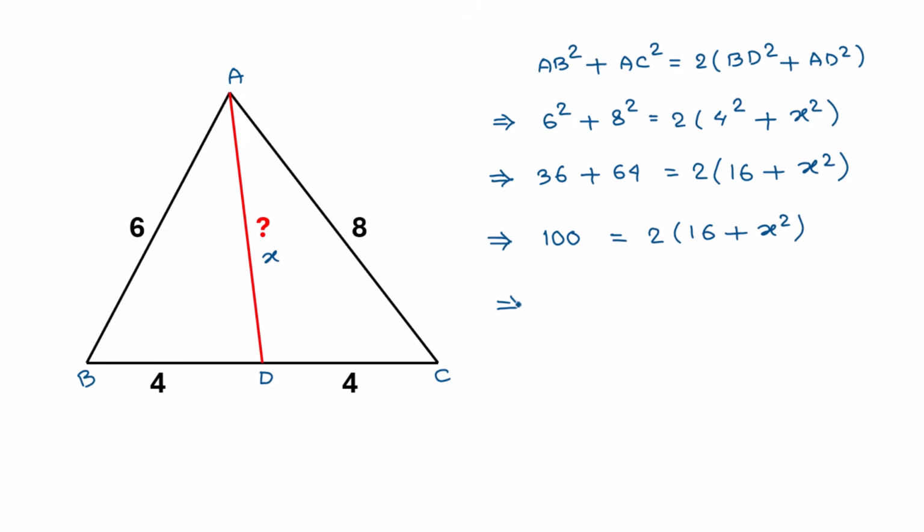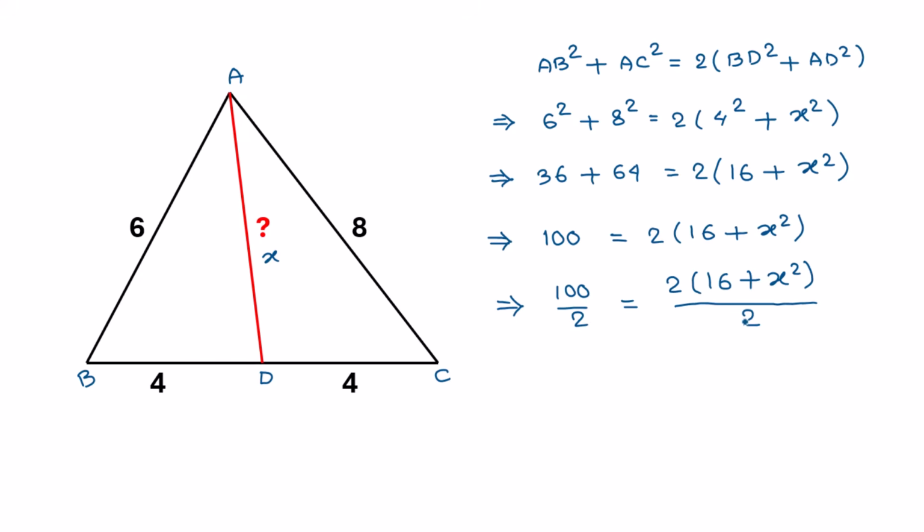Or now divide both sides by 2. We will get 100 divided by 2 is equal to right side 2 times of this 16 plus X square, total divided by 2.